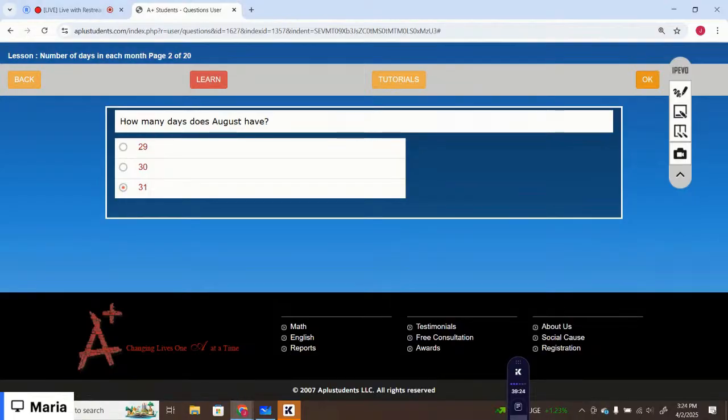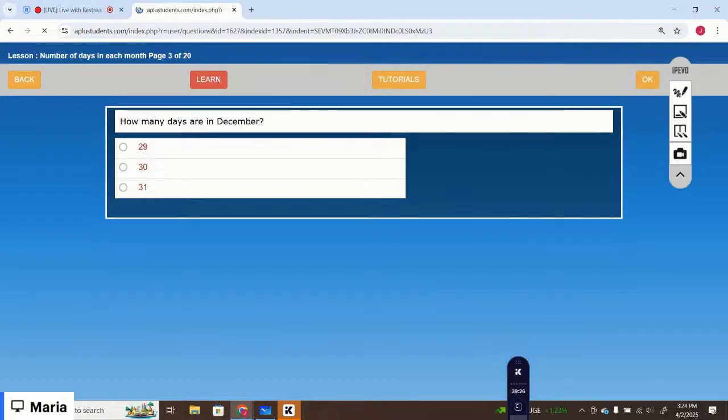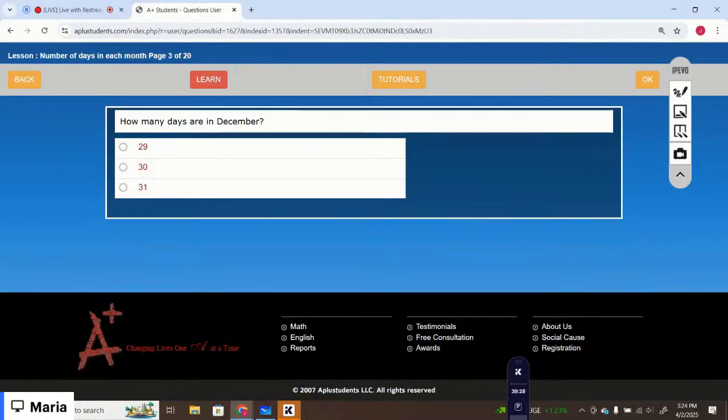Option number three is the correct option. How many days are in December? December has 31 days. The correct option is 31.